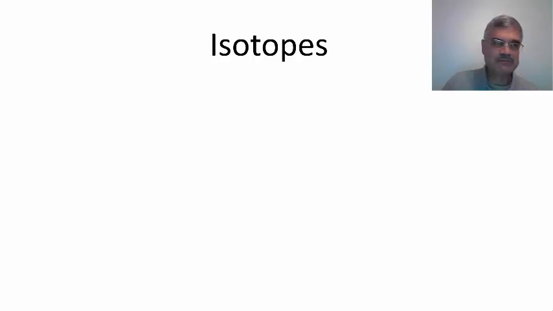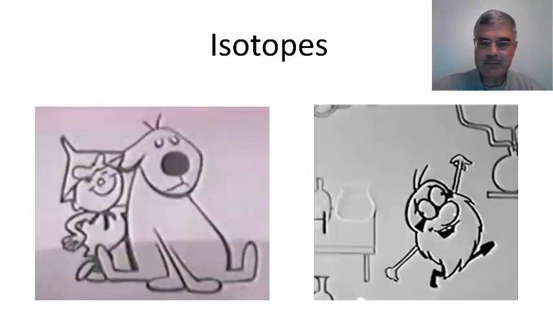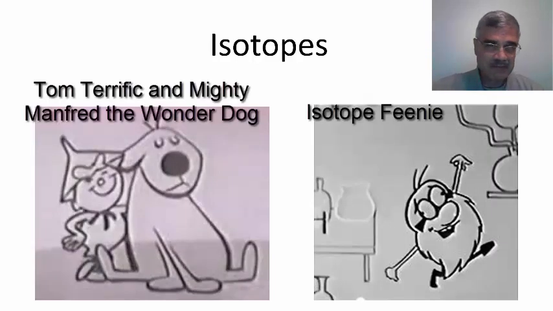When I think of isotopes, somehow, crazy me, what pops into my head is Isotope Feeney. What? Isotope Feeney was sort of a funny bad guy in a cartoon called Tom Terrific. Tom Terrific is shown on the left. He's the one with the funnel thinking cap. And his friend, Mighty Manfred, the Wonder Dog.